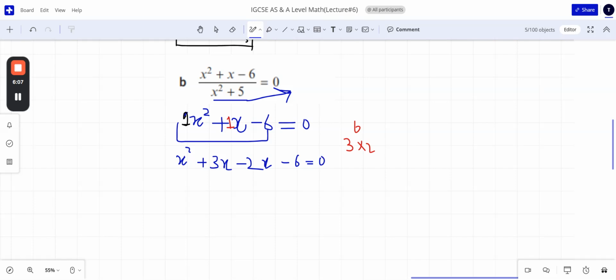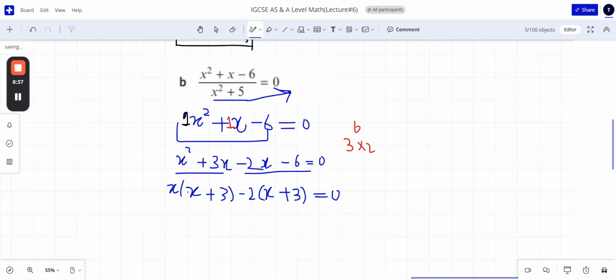And here we need to take the common from the first two and the last two terms. What is common here? Only x. So x plus 3 is left. Then minus 2 is common. So here x plus 3 is left because minus is common, so the sign will change and it becomes plus. So plus 2 times 3 is 6, so x plus 3.